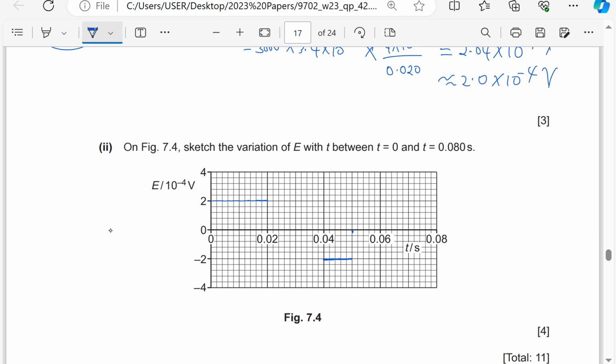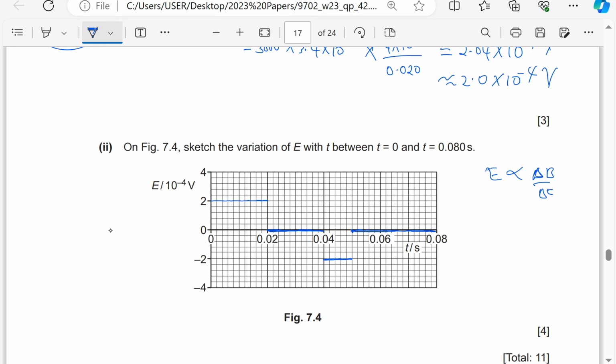Where the line is horizontal for B, remember EMF is directly proportional to the rate of change of magnetic flux. Where the magnetic field is not changing, the induced EMF is 0. So this part here we have 0, and this other part here we also have 0.